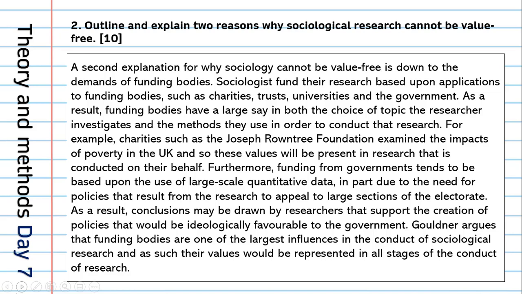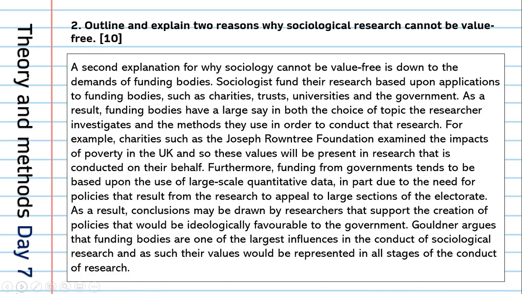For example, charities such as the Joseph Rowntree Foundation examine the impacts of poverty in the UK, and so these values will be present in research that is conducted on their behalf. Again, it's linking into this idea of values. We've talked about the researcher's values, but also the funding body's values. Some people will argue that if the values of the researcher and the funding body don't match up, it will actually make the research more objective.